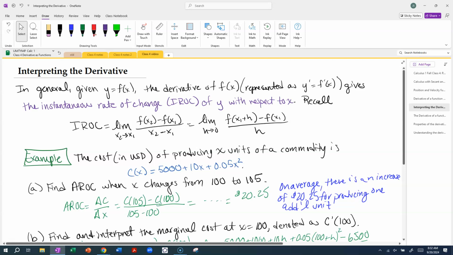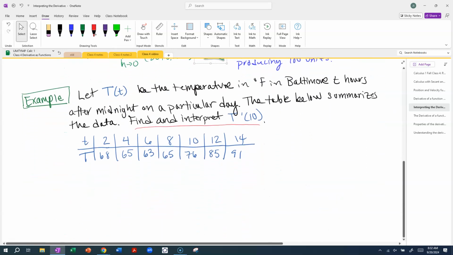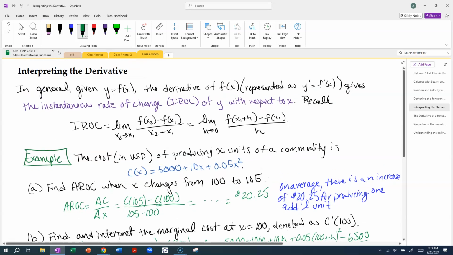When we talk about the derivative here, this apostrophe, we talk about that as a prime. So how could we find T prime exactly? Because our derivatives are defined as a limit. I don't know how to do a limit when I'm given a table. Our derivatives are given with functions.